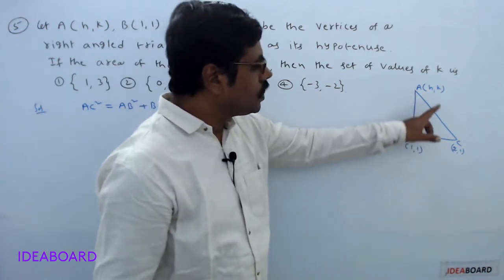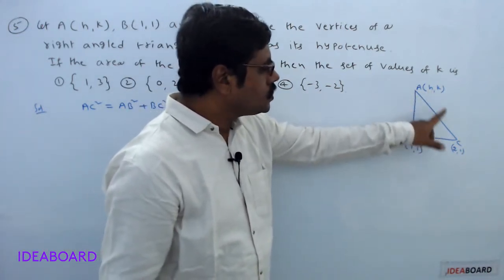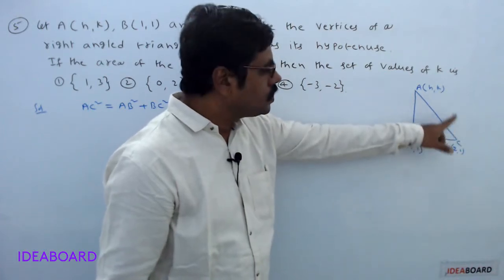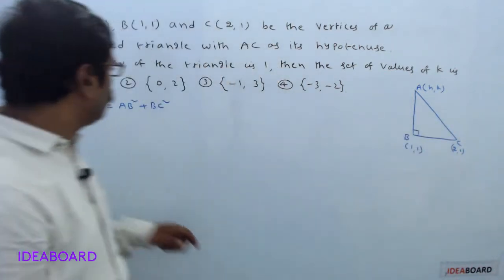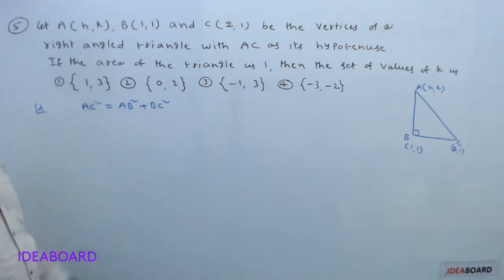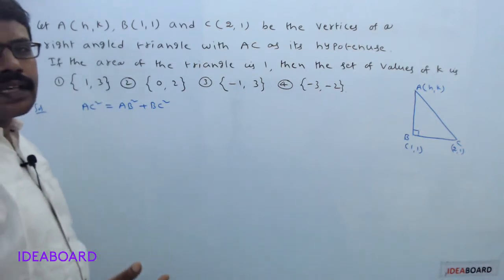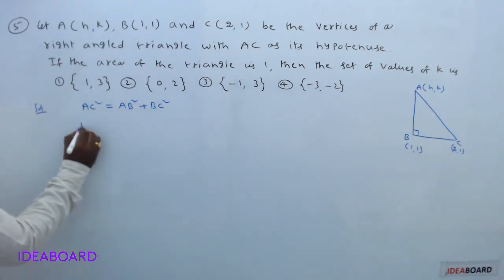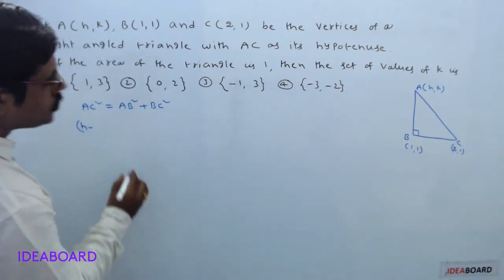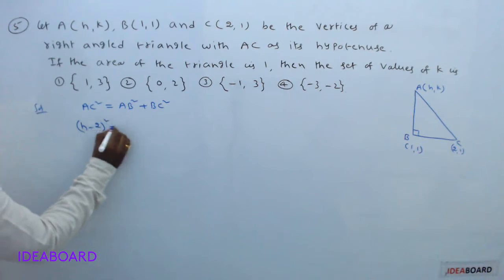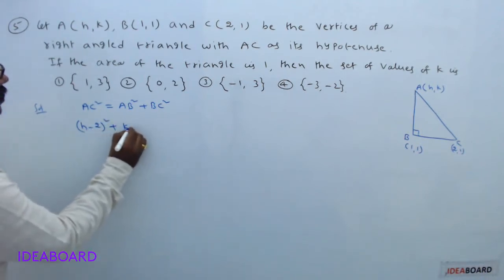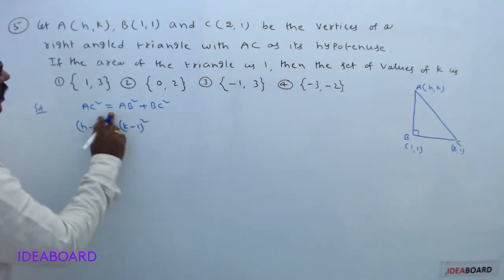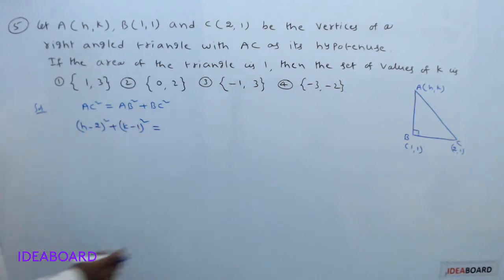Here AC is nothing but a square root of h minus 2 whole square plus k minus 1 whole square. But here we need AC square. That means root function is eliminated. So AC square is h minus 2 whole square plus k minus 1 whole square is equal to AB square.